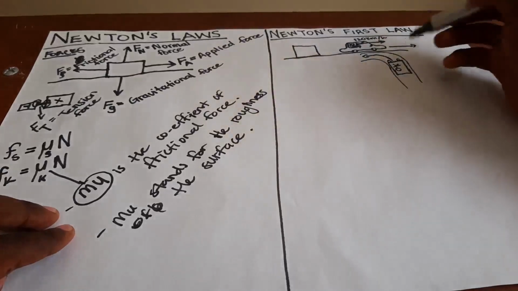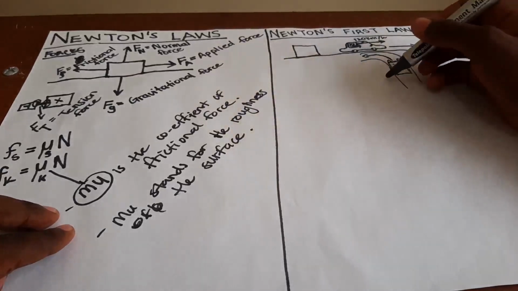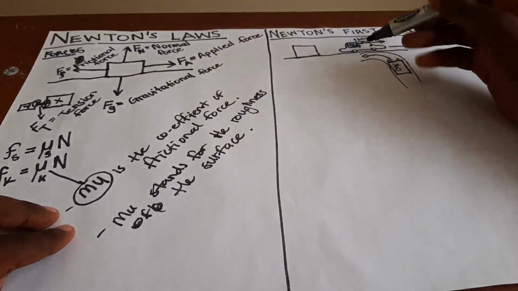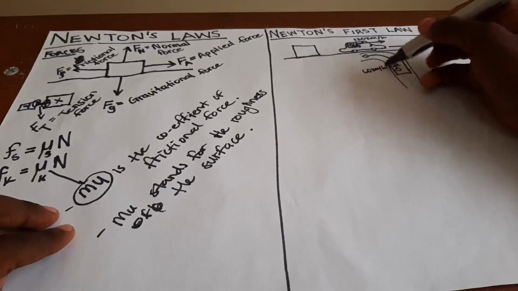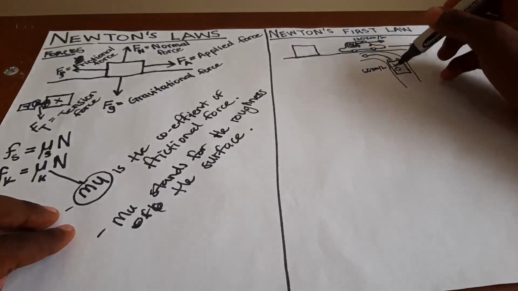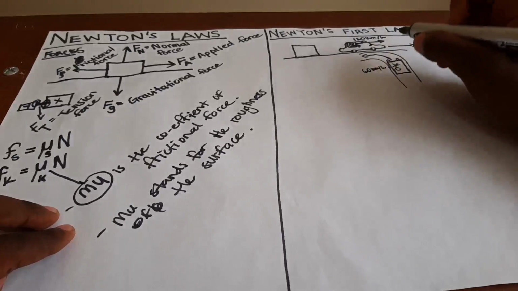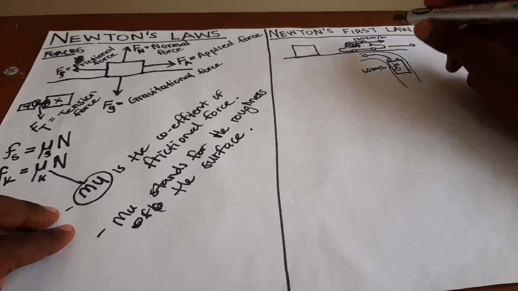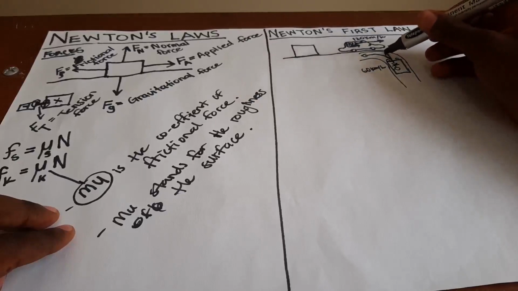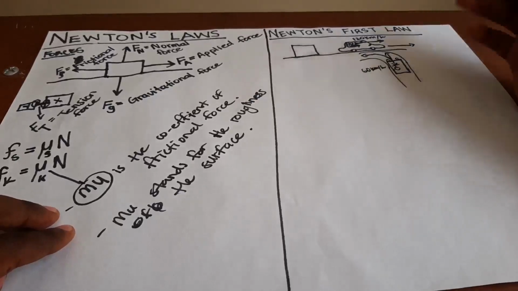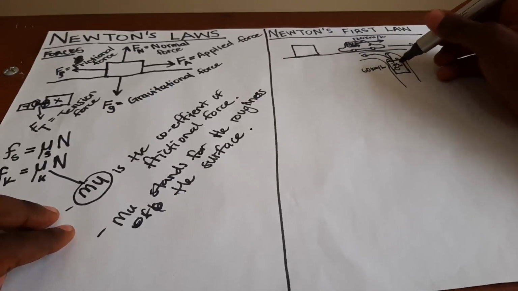So if this car was turning at 60 kilometers per hour, your body will tend to move at 60 kilometers per hour straight. In the car it will seem like you want to swerve this way.